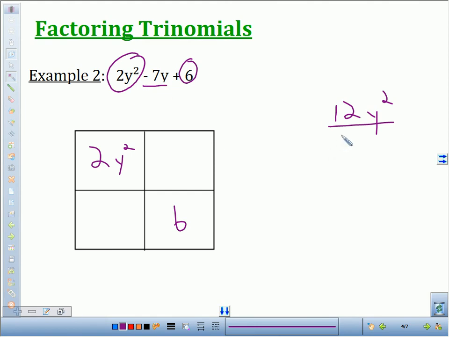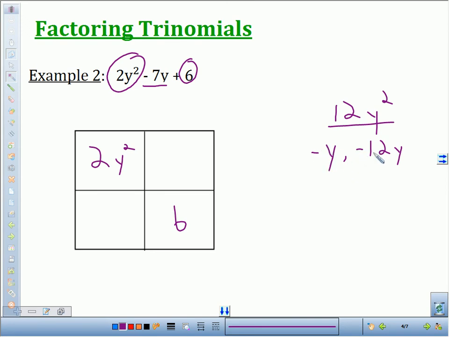So I look at these numbers, I say, okay, well, I have y and 12y. Now, since we're going to add up to negative 7y, and since this is positive, that means they would both have to be negative. Otherwise, it wouldn't work. We can't add up and get a negative unless we have negative signs.